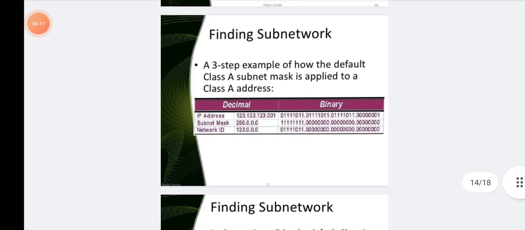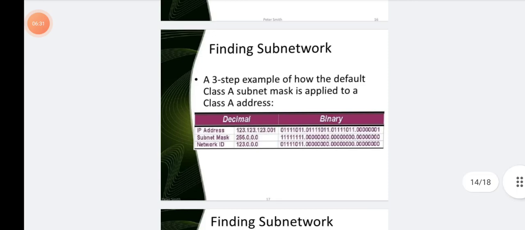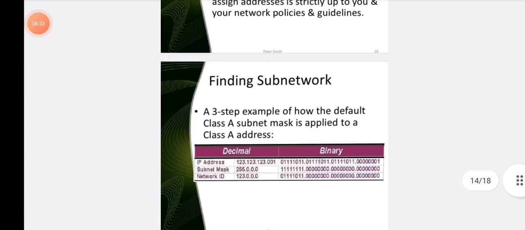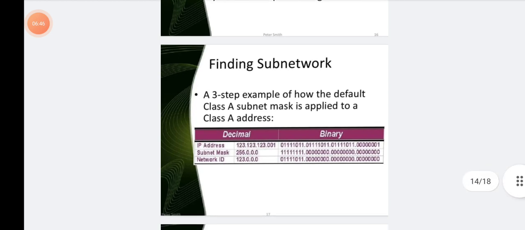Finding the subnet network. A three-step example of how the default class A subnet mask is applied to a class A address: decimal IP address, subnet mask and network ID. The IP address is 123.123.123.001, and the binary for the IP address is 01111011.01111011.01111011.00000001.